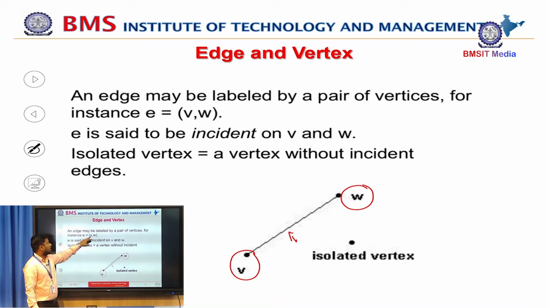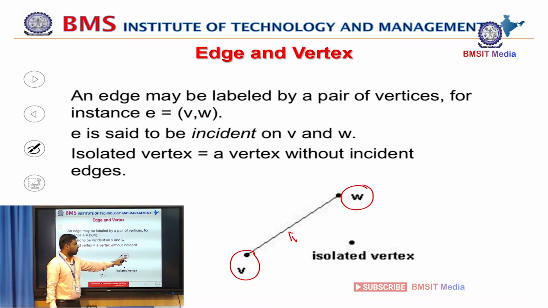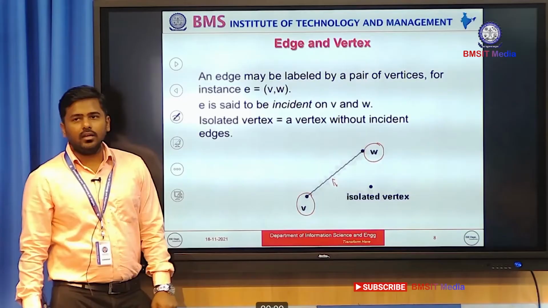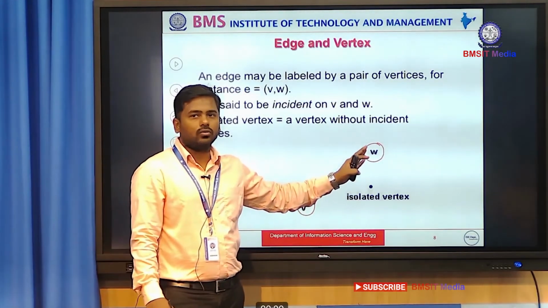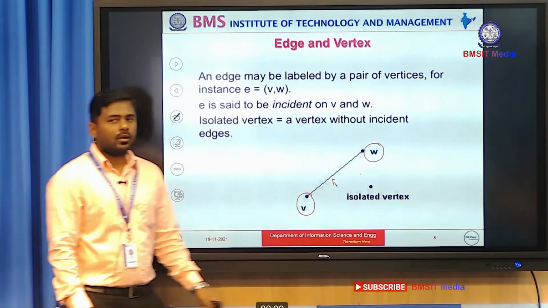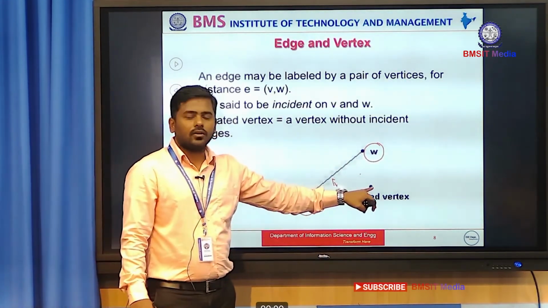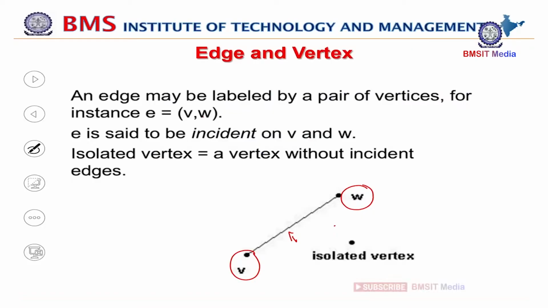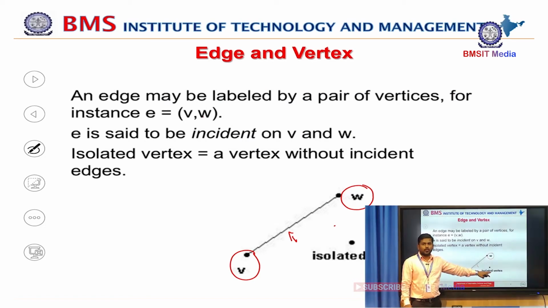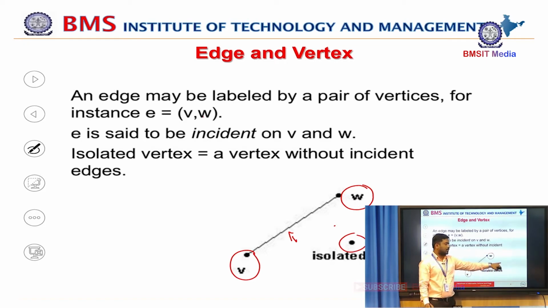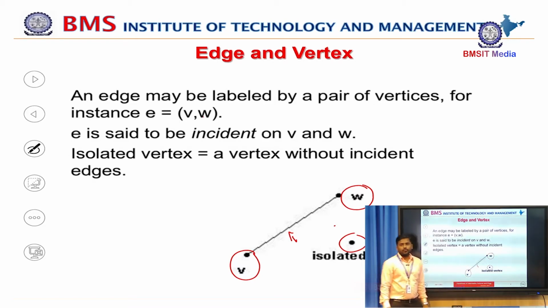So the edge is connected from V to W, and we can say that the edge is incident on vertex V as well as incident on vertex W. If any vertex does not have any incident edge, we call it an isolated vertex. You can see in this figure, this vertex is not connected with any edges, so we call it an isolated vertex.